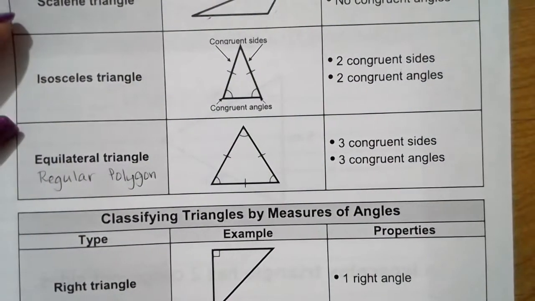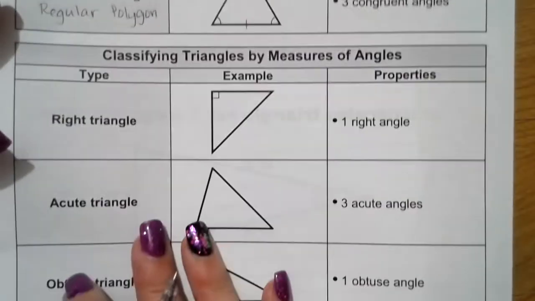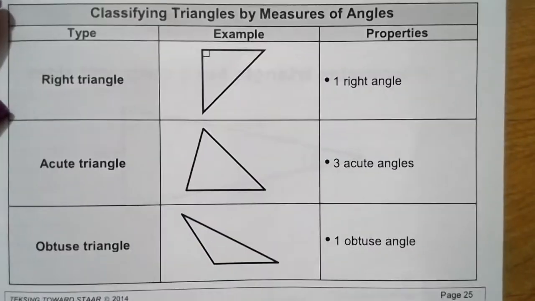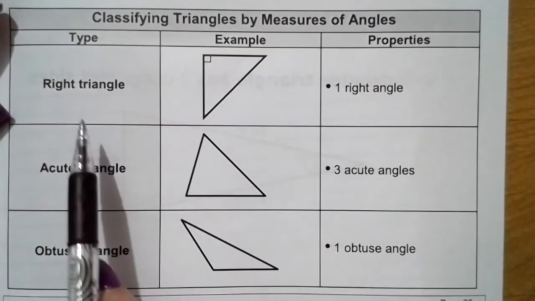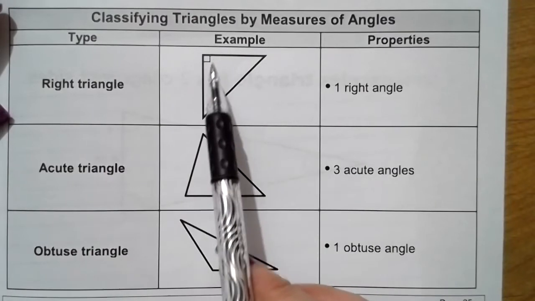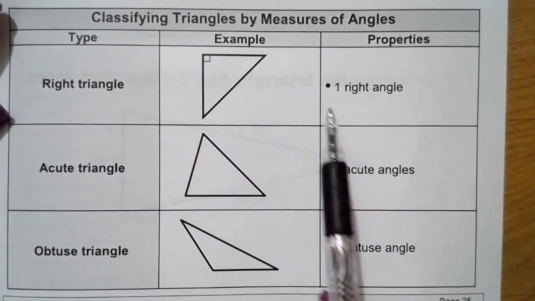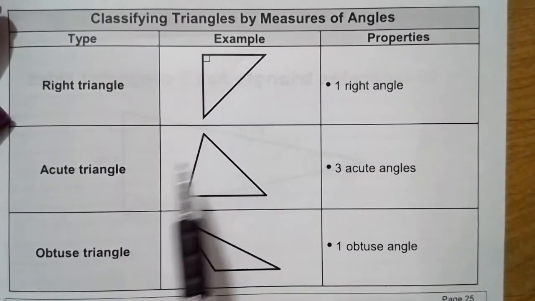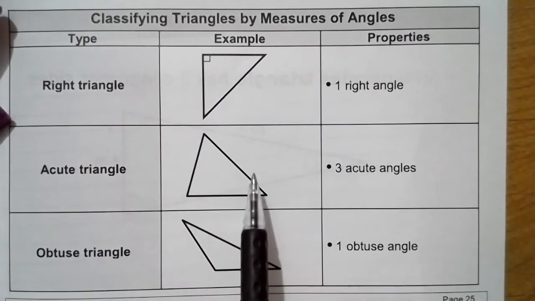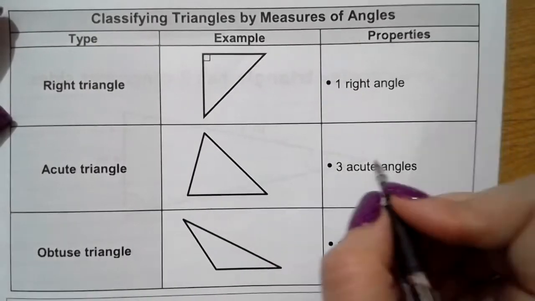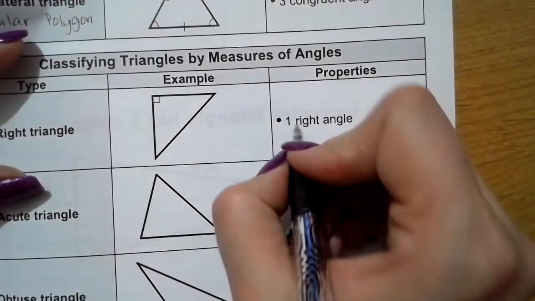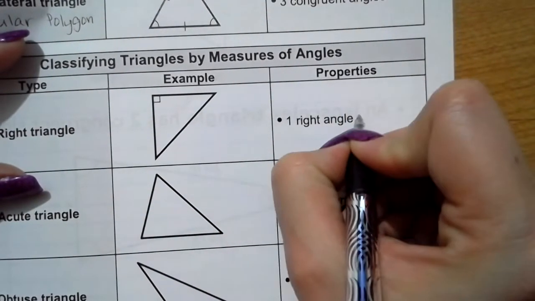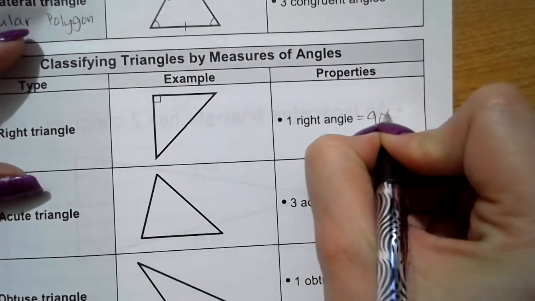Okay. All right, let's look at classifying triangles by their angles, the inside of them. A right triangle, that little square means it's 90 degrees. It's one right angle. Acute triangle, three acute angles. And remember, right equals 90 degrees.